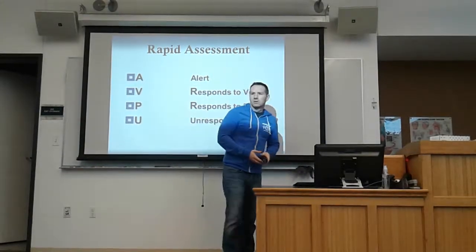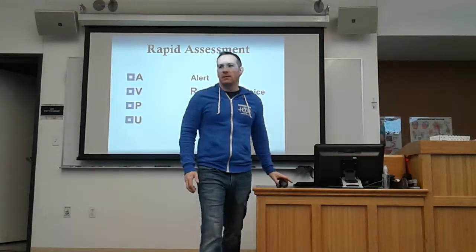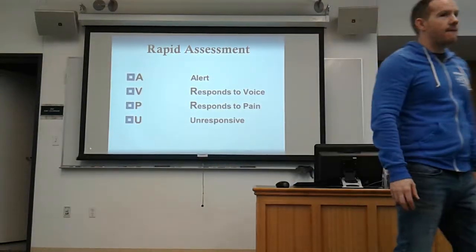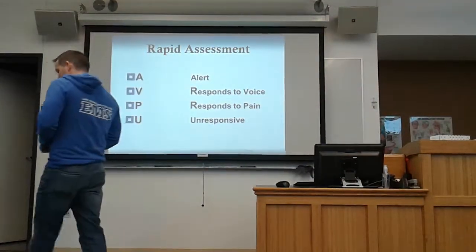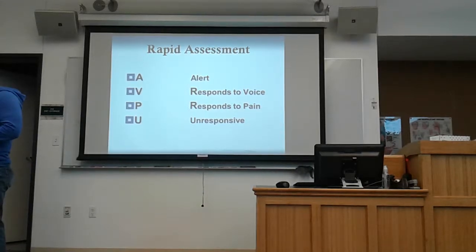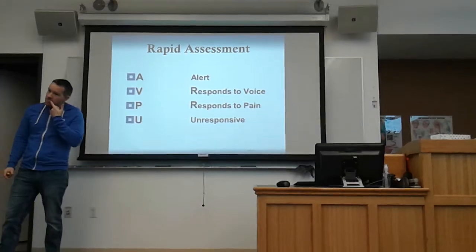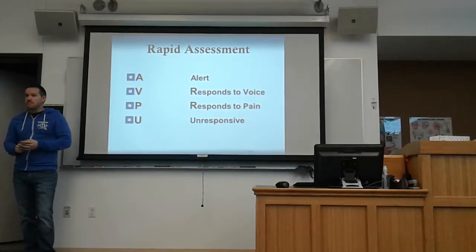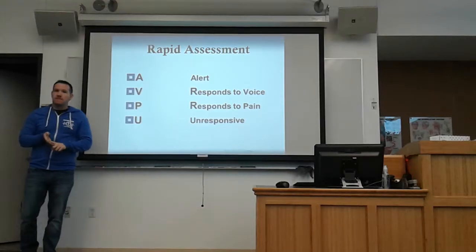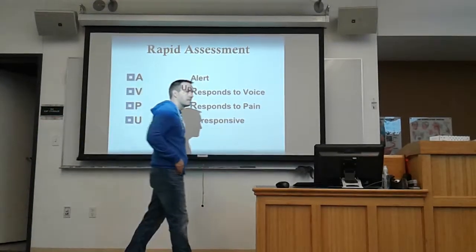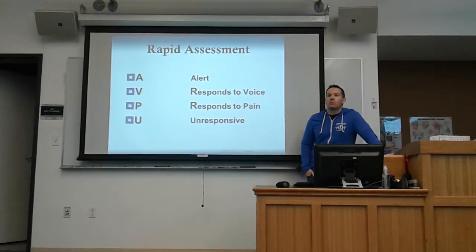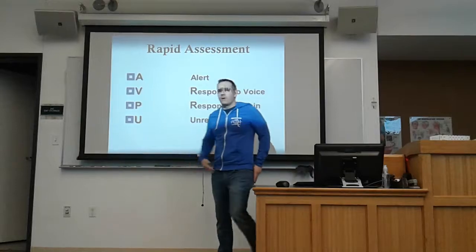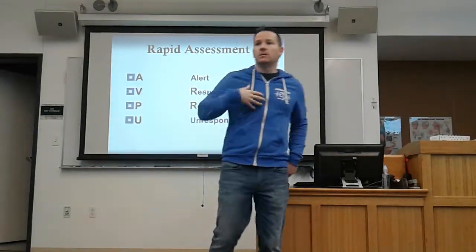How do you document when they're alert but disoriented? Well, that's when you go into your GCS. But I had a patient in the hospital the other day, a stroke patient. He was alert and responded to everything that we did, he just couldn't respond back. You asked him to do something, like touch your nose, and he would touch his nose. He was able to follow all verbal commands, but he couldn't verbally respond back.